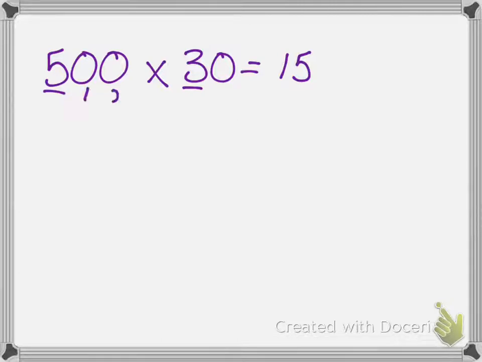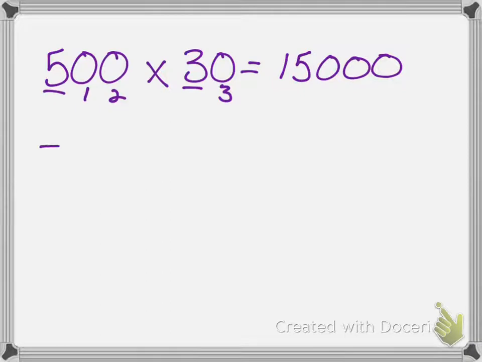Count your zeros. 1, 2, 3. I bet your moms and dads know this trick, and your older brothers and sisters. When things have a lot of zeros in them, this is a really, really quick way to figure things out. So 500 times 30 is 15,000. That got to be a big number really quickly.